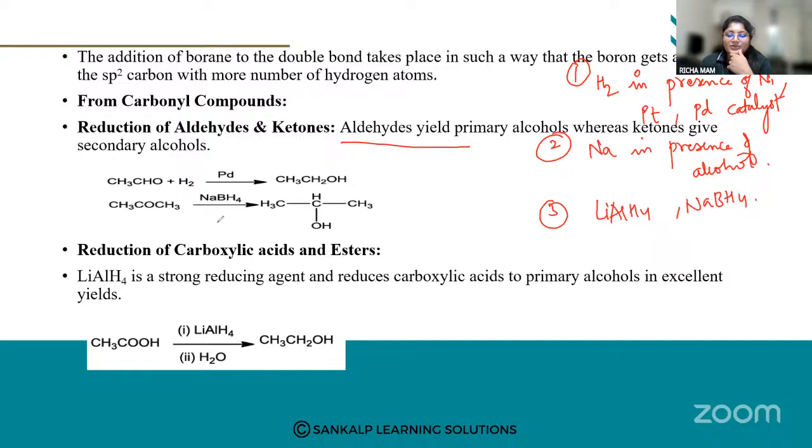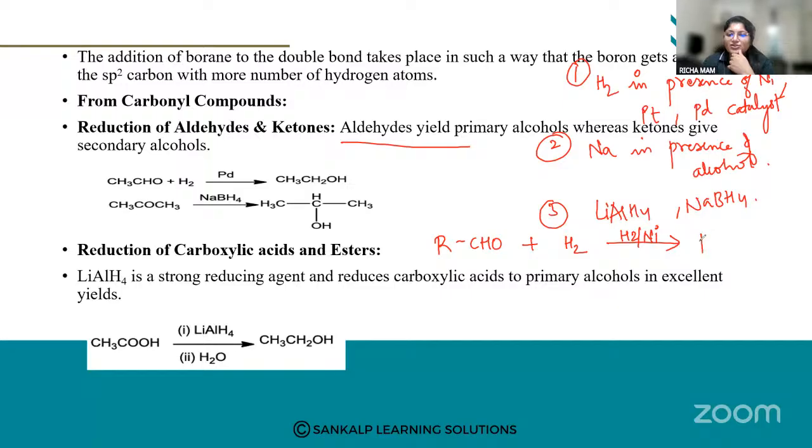Okay, so let us see. If I give you the general formula RCHO, that is an aldehyde. When you react it with dihydrogen in the presence of nickel as a catalyst, what am I going to get? What is reduction, students?